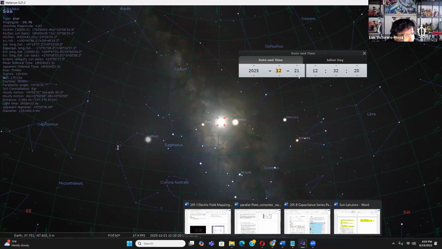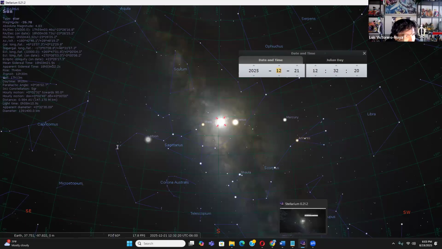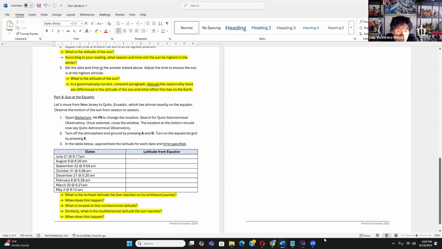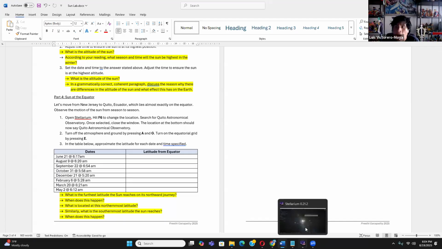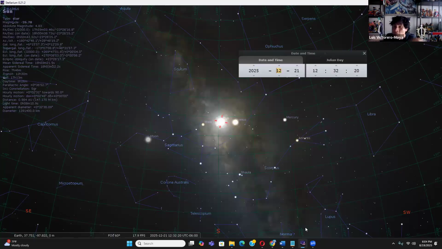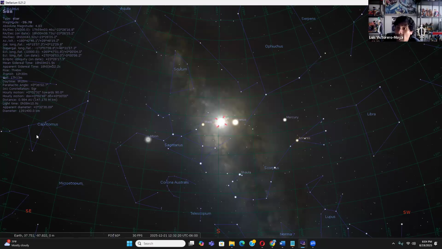And then for the sun at the equator, I don't know if you guys have been here. I was there last year. If you go to Quito, you can find the 0 latitude. It's a nice tour. You can actually visit the point of 0 degrees, 0 arc minutes, 0 arc seconds on the world, right?